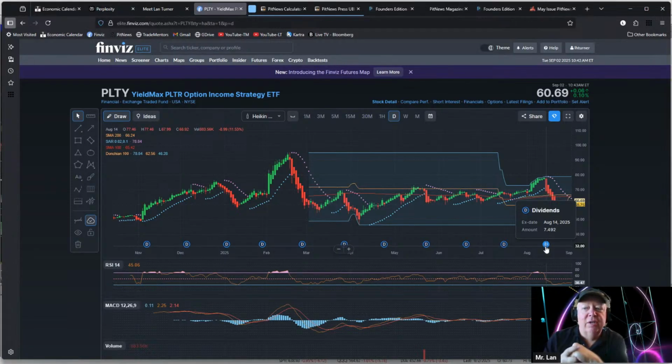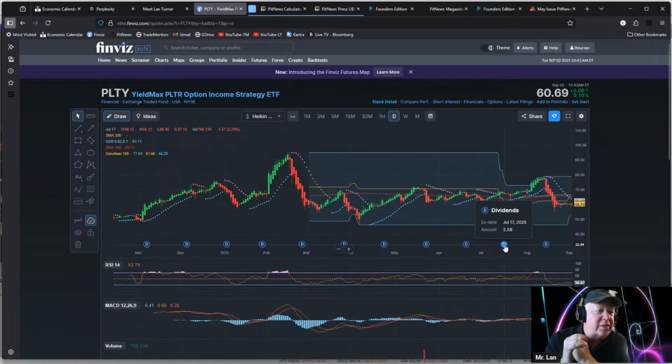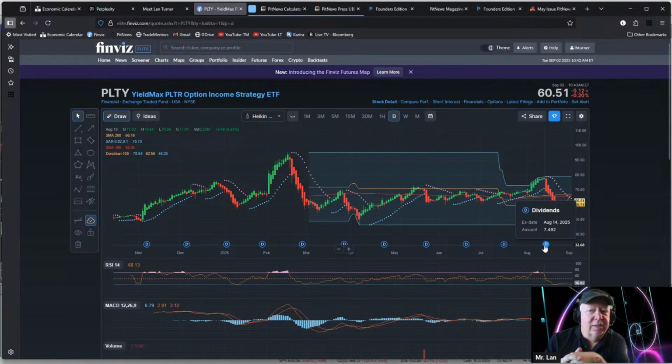And back here, you were getting $2.56 per share. Well, why the big difference between $2.56 and $7.49? Well, the difference is the implied volatility. So remember, the implied volatility on the options is how they determine how big your dividend is. Now, again, remember, these aren't real dividends. These are distributions. They just use the dividend system within the stock market to send you your distributions.